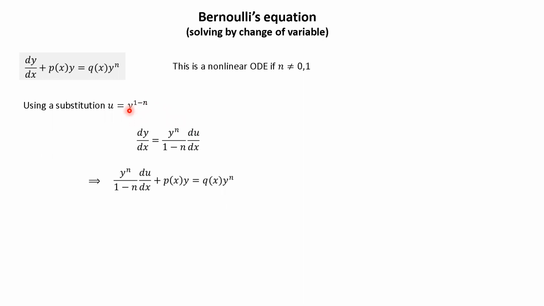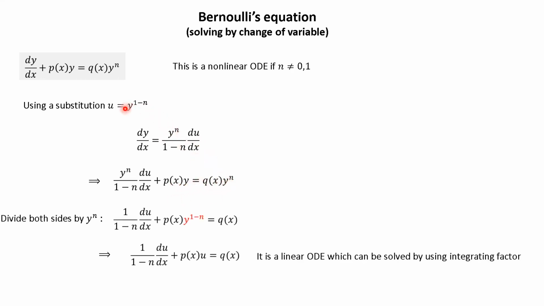If you do that, and then find the relation between dy/dx and du/dx, this is what you get. Then you replace this dy/dx by this whole term here, and your ODE becomes this. After that, you also want the y to be all replaced by u, so what I do here is divide both sides by y to the n.